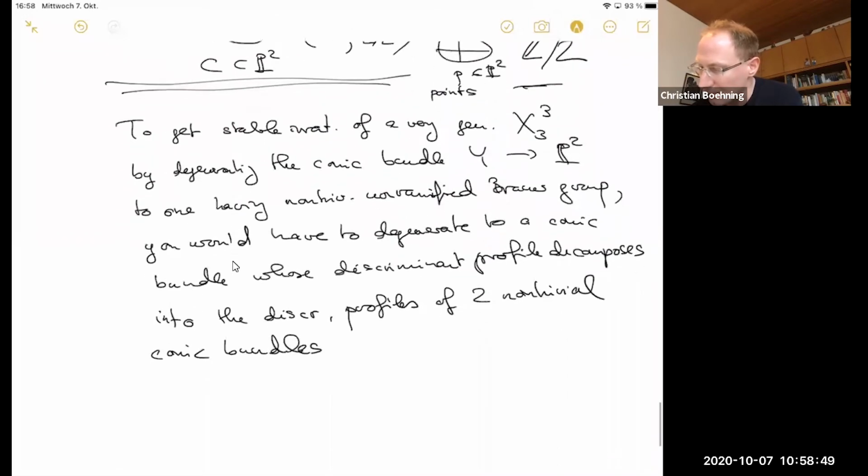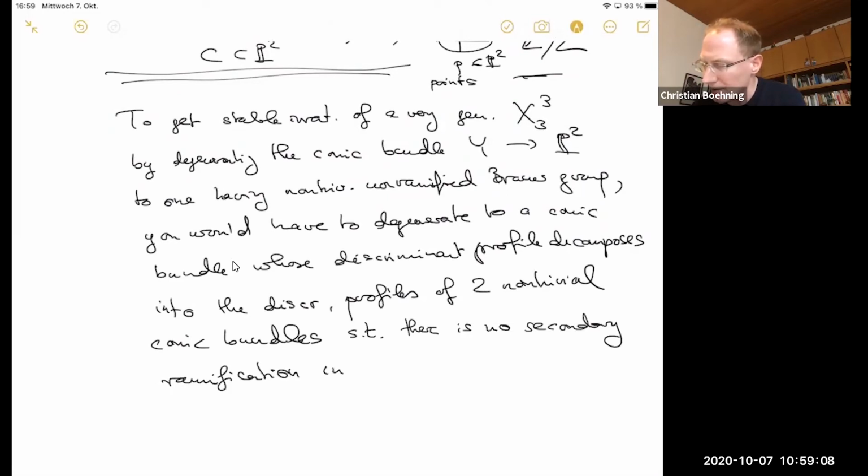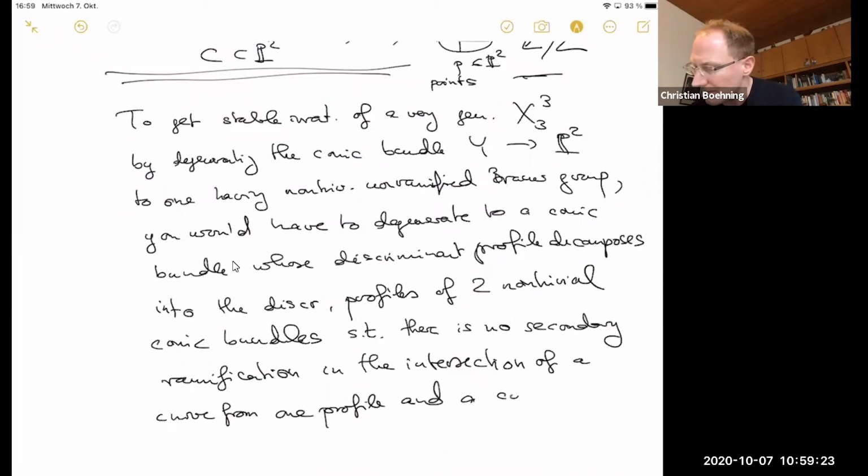So by this I mean conic bundles with non-trivial Brauer classes, such that there is no secondary ramification in the intersection of a curve from one profile and a curve from the other.